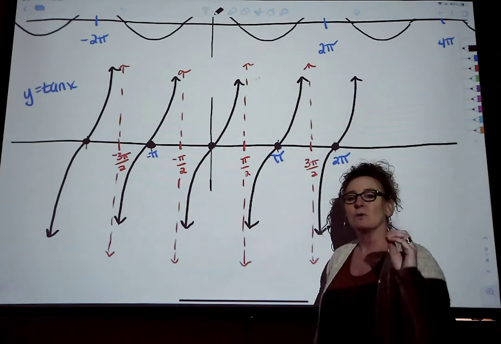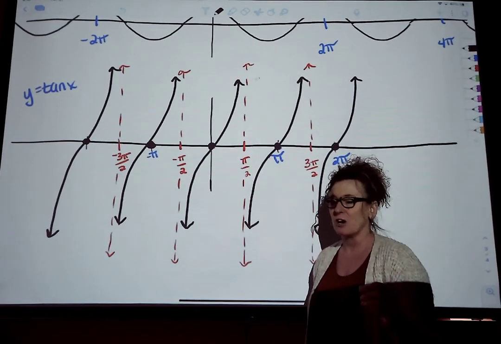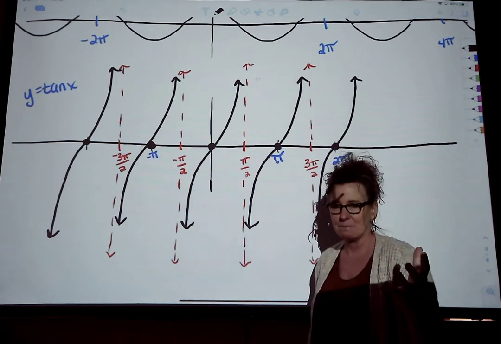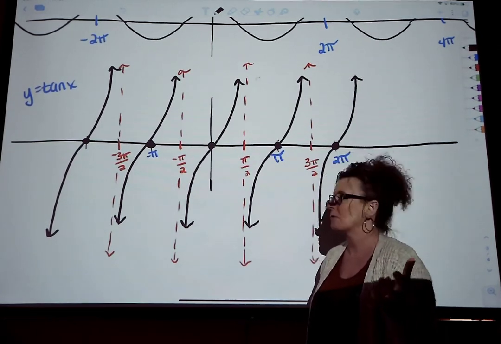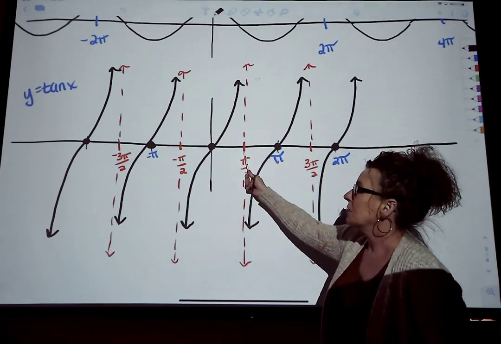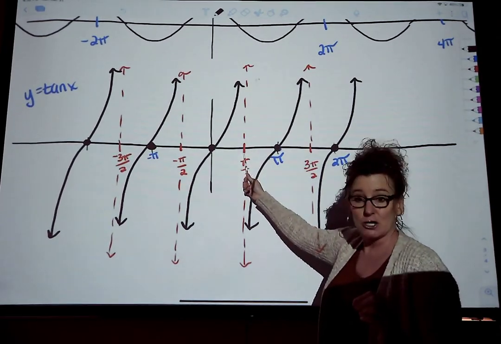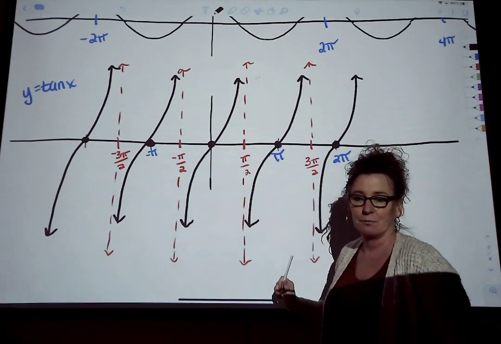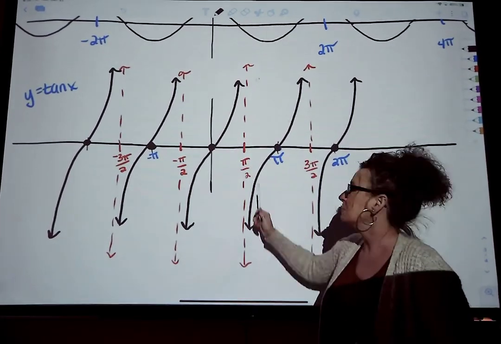So I'm not going to have you list them all, but I'm going to have you write it in a very mathematical way. Okay? This might be new to some of you. Let's start with a basic one. Let's start with pi over 2. So I'm going to say for my domain, x cannot be pi over 2.